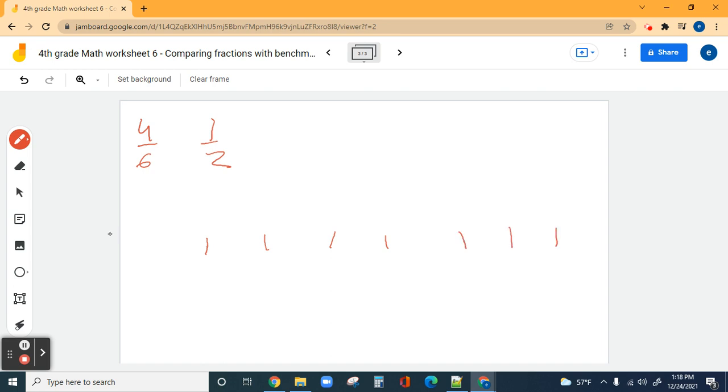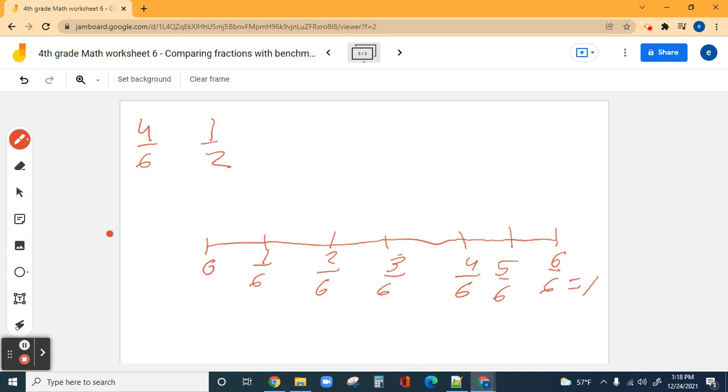And then 0, 1 by 6, 2 by 6, 3 by 6, 4 by 6, 5 by 6, 6 by 6, which then equals 1.